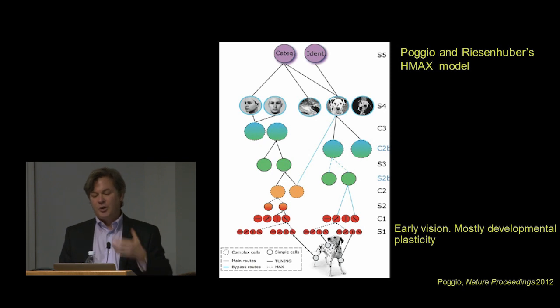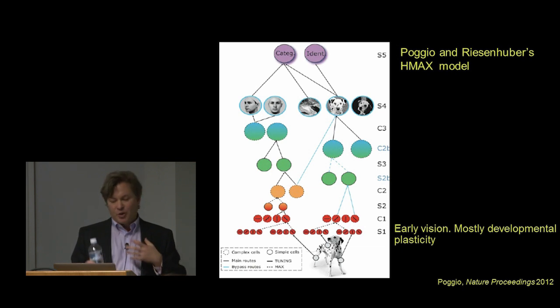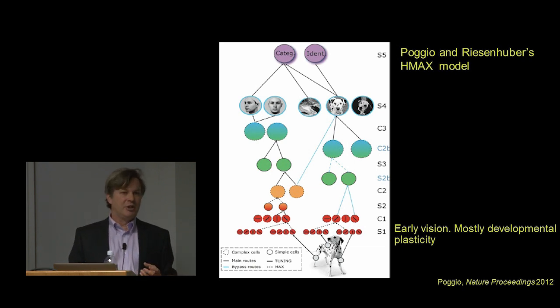And the nice thing about Poggio and Riesenhuber's model is that they make a multi-layered neural network that has some learning rules, but is constrained to have this hierarchy, first of a simple cell-like pooling of presynaptic inputs that might create a new feature. So really creating a new feature detector, and then the complex cell level, which abstracts or generalizes that new feature.